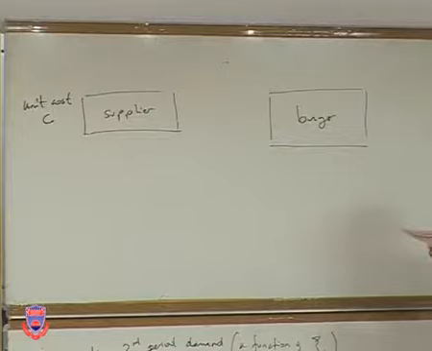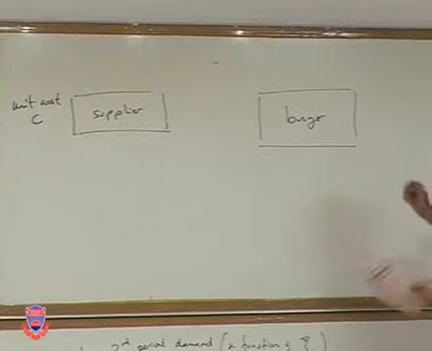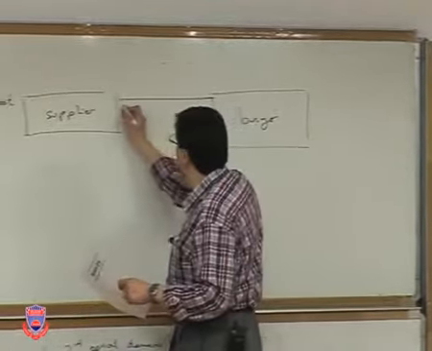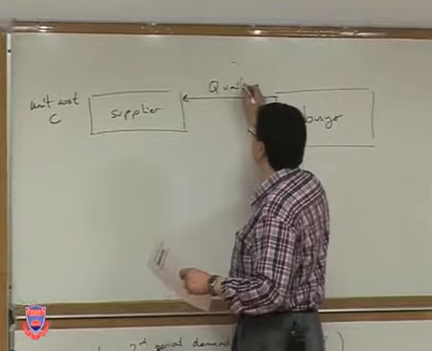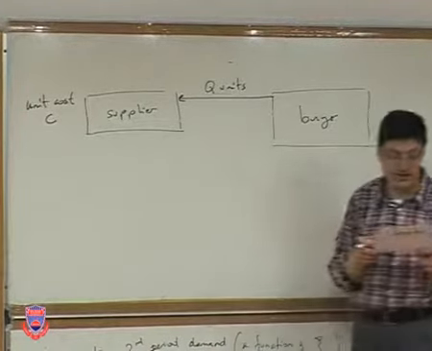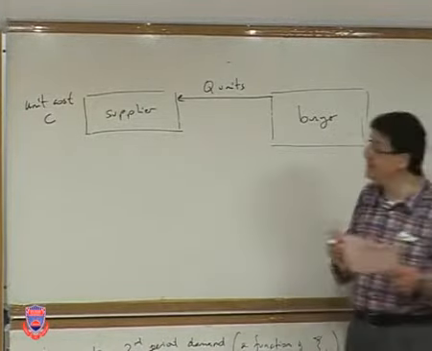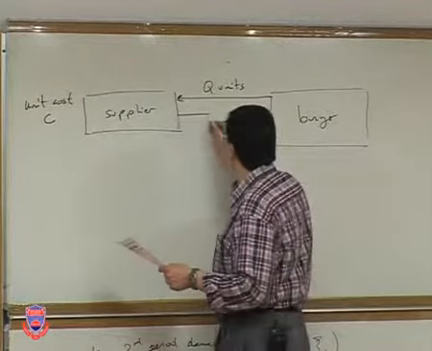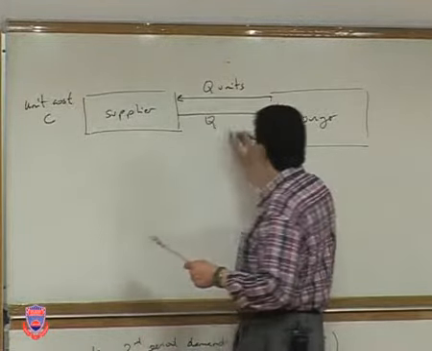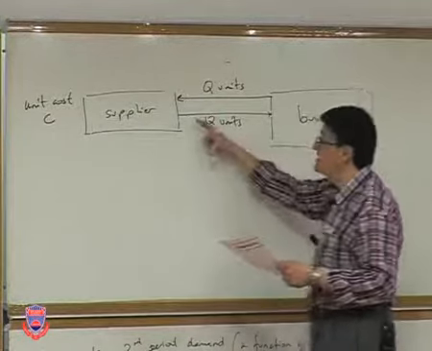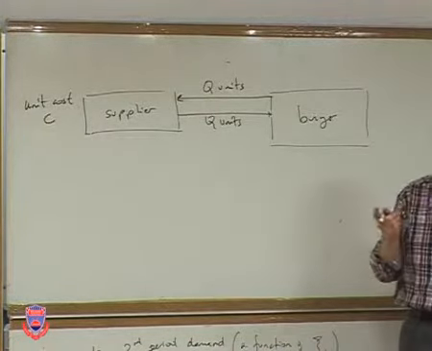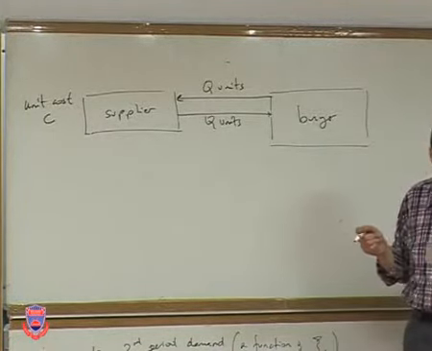And in that case, the buyer is going to order Q units. This is the ordering information. And then the supplier is going to ship Q units. So this is basically the material flow. Okay?